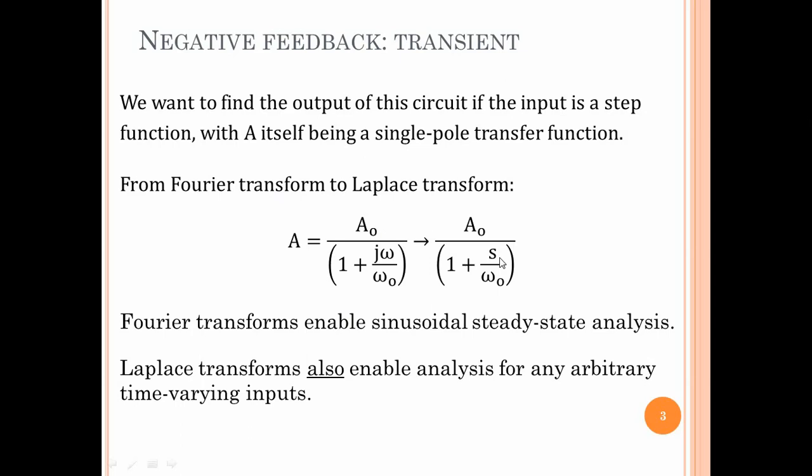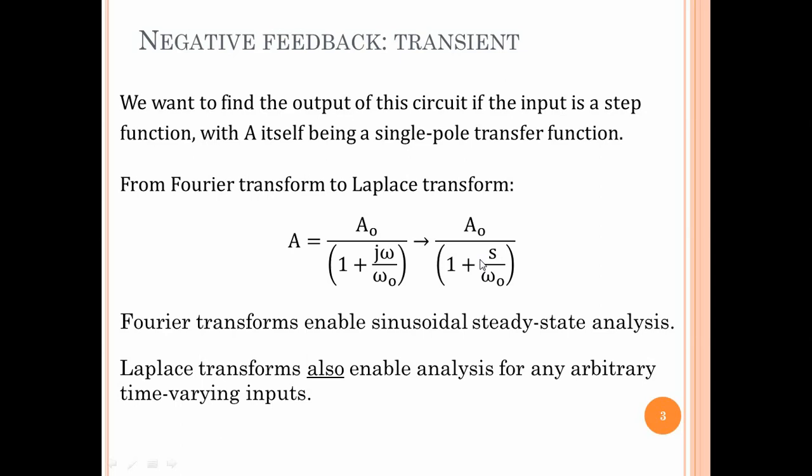So the Laplace variable is s, and I assume that you know the very basics of Laplace transform to know that s is a complex frequency, and it can be written as sigma plus j omega, where sigma is the real part and j omega is the imaginary part. So Laplace is a generalization of Fourier. I'm just going to make this transition without any further explanation or mathematical justification.